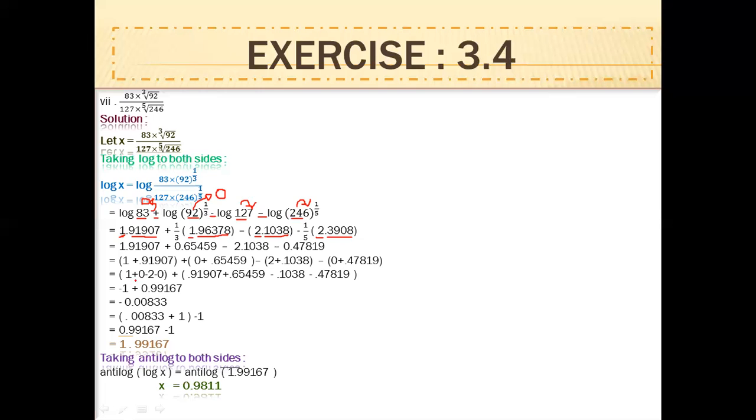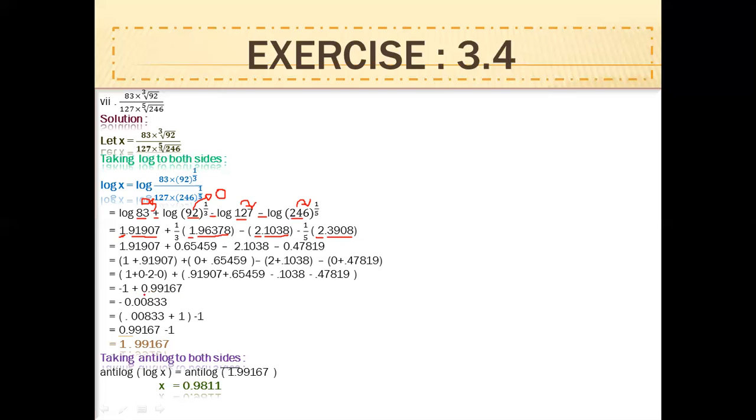Equating the characteristic, we have 1 plus 0 minus 2 minus 0, and all the mantissas we will write within the other bracket, and there is a positive sign between these two brackets. When you solve the characteristic, minus 1 is there, and when we simplify all the mantissas we get 0.99167.